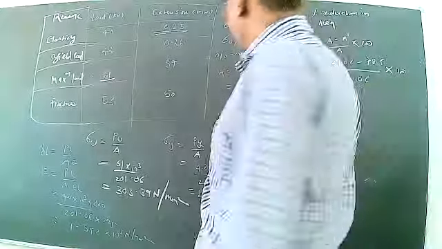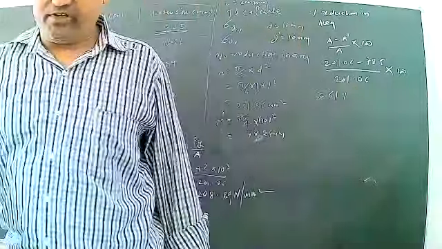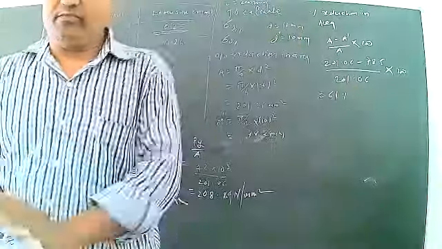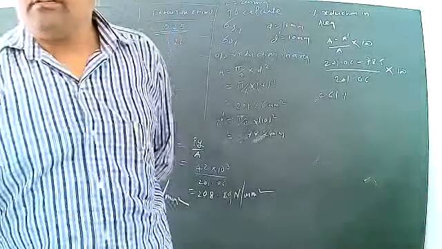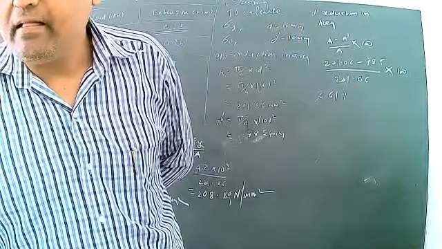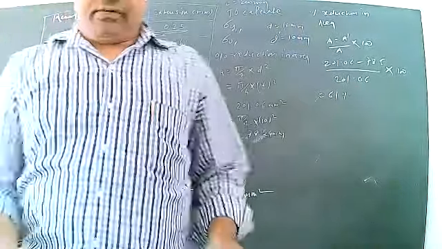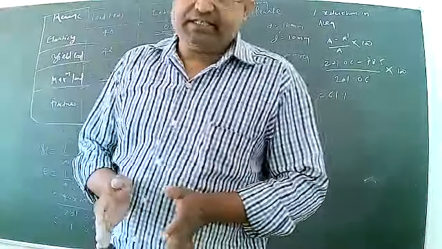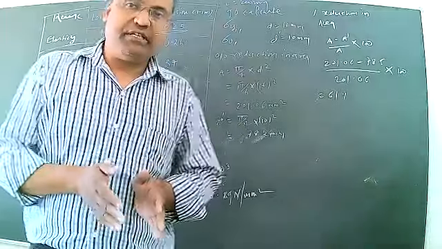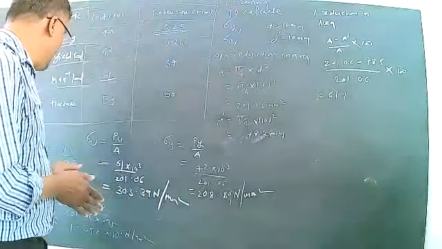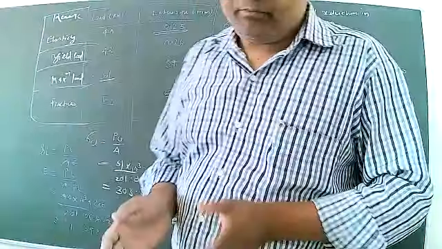Then finally you will get 60.94, means 61% reduction in the area. Okay, this is a very simple way to find out the different values of yield stress, ultimate stress, percentage reduction in area, and Young's modulus of elasticity.